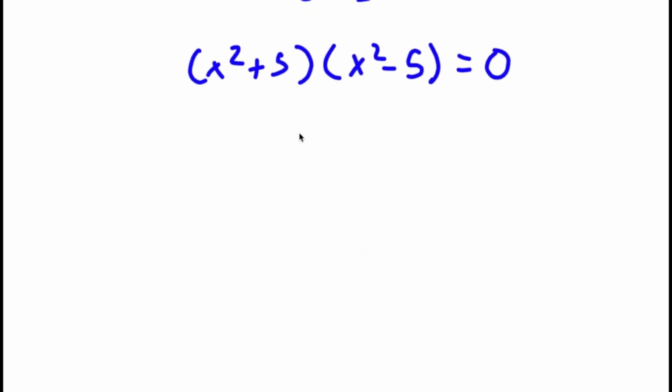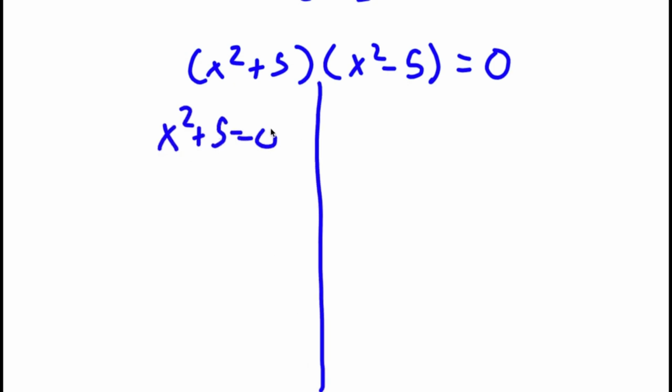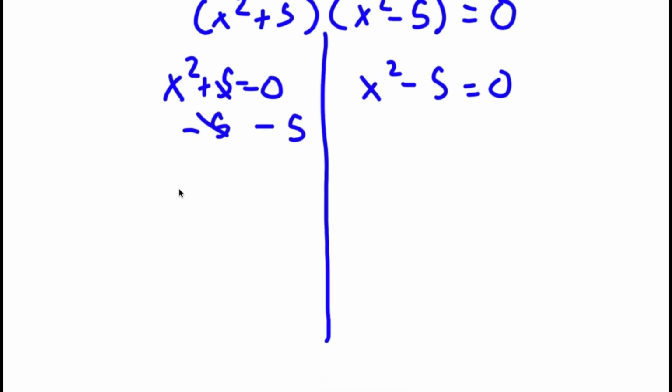So now, this is actually going to give me two equations. I have x to the power of 2 plus 5 is equal to 0, and I have x to the power of 2 minus 5 is equal to 0. So, for x to the power of 2 plus 5 equals 0, I can simply subtract 5 on both sides, so then these two cancel out, and now I'll be left with x squared is equal to negative 5.